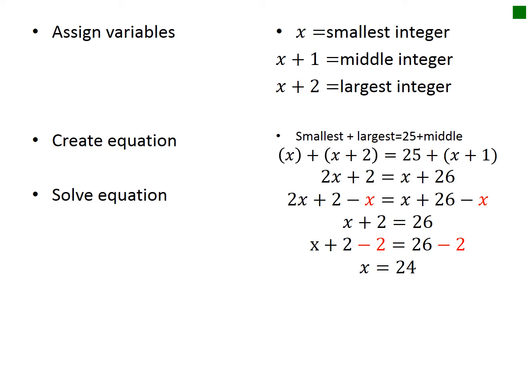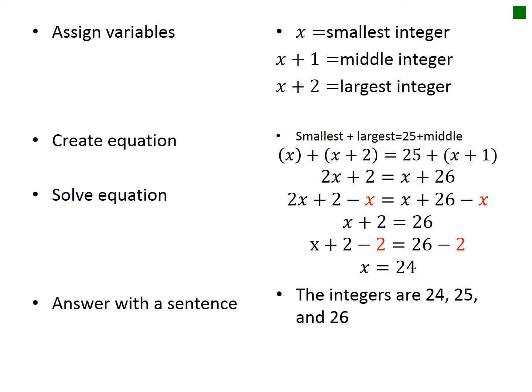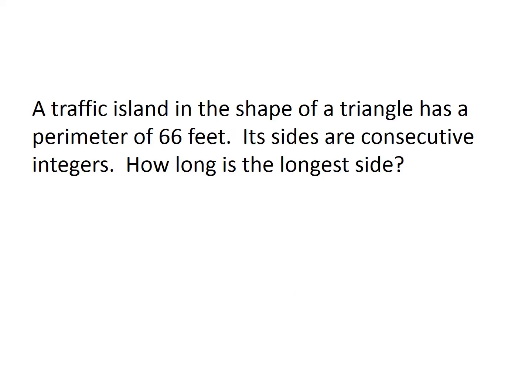We have an answer, and we can express our answer with a sentence. In this case, our integers are 24, 25, and 26. And again, the values of 25 and 26 are found by taking the value of x and plugging it back into the assignment of variables that we set at the beginning.